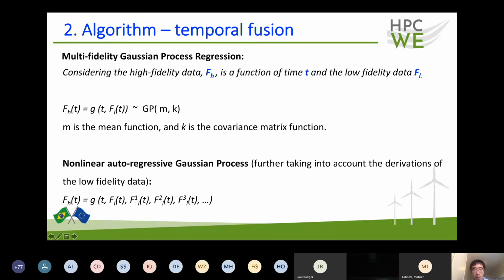This is because our low fidelity data is from WRF simulation. It is available everywhere. It is time continuous, so it is differentiable. And then we take the differentiation of them to represent the curvature of your curve. Therefore, by considering those differentiations, we can add more information in this prediction, in this model.